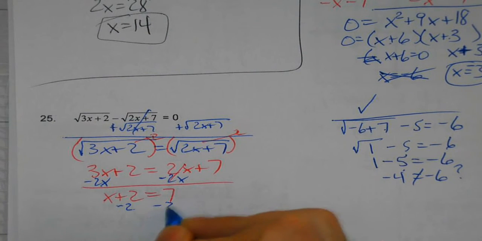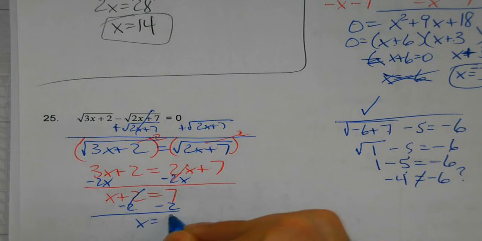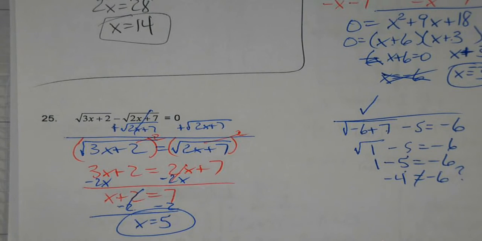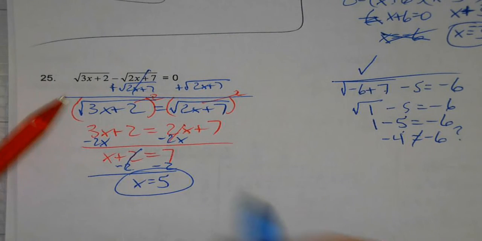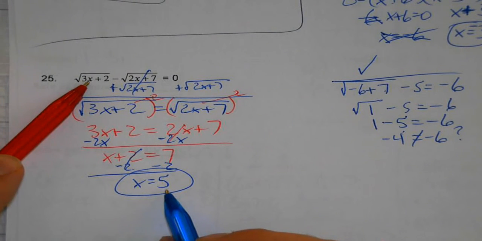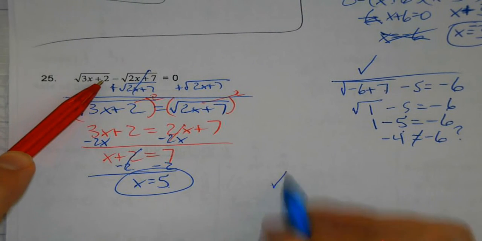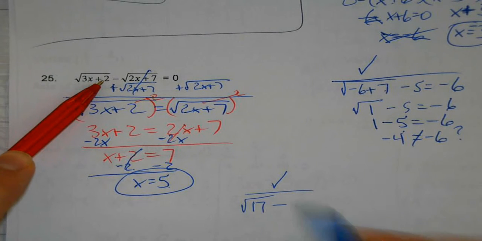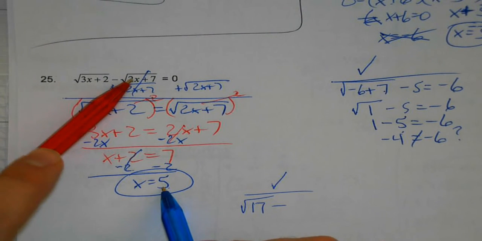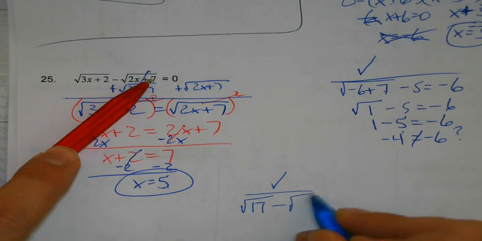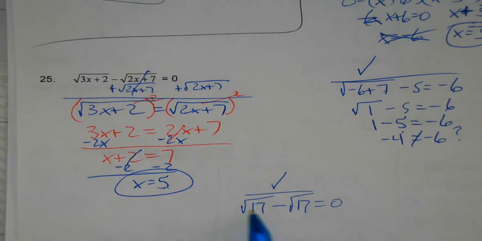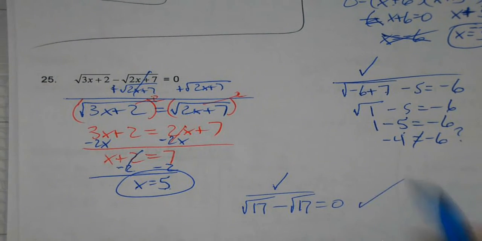Minus my 2. Make sure it works. Did I mention that? I mentioned to make sure it works. So 5. 3 times 5 is 15, plus 2 is 17. 5 times 2 is 10, plus 7 is 17. And last I checked, if you take a radical and you subtract the same one, you have a winner.